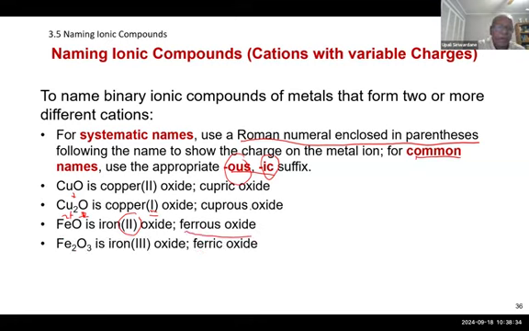If you have this one, iron is 3 plus, oxygen is 2 minus. Therefore, after iron, you write down parentheses 3 to indicate the charge of the ion.